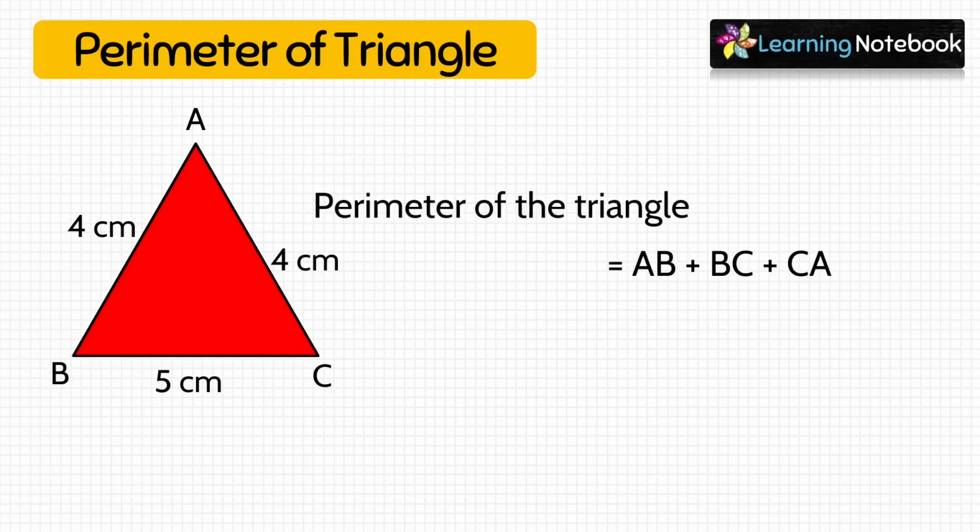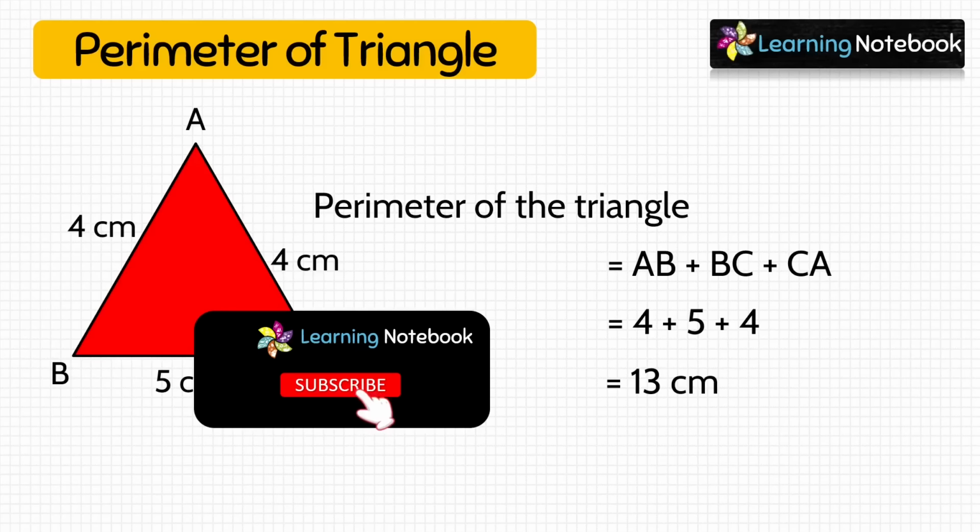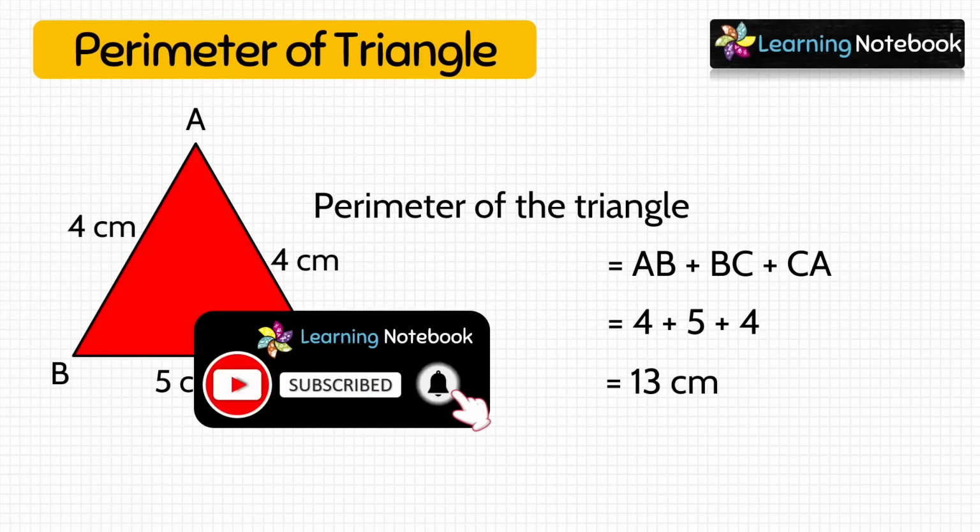As I told you, perimeter of the triangle equal to AB plus BC plus CA. So let's put these values and we get 4 plus 5 plus 4, which is equal to 13. So perimeter of this triangle is 13 centimeter.